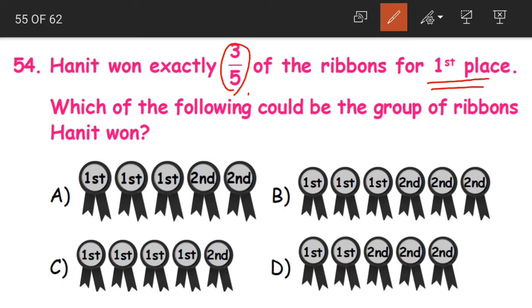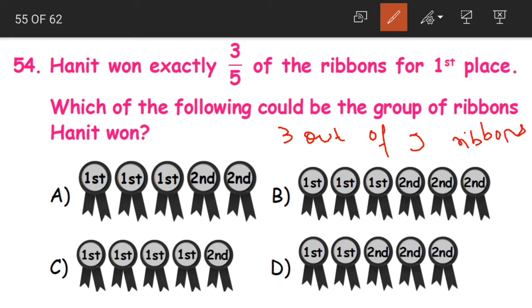Out of the total ribbons, he has 3 by 5 that he won for first place. That means, what does 3 by 5 mean? 3 out of 5 ribbons are for first place.